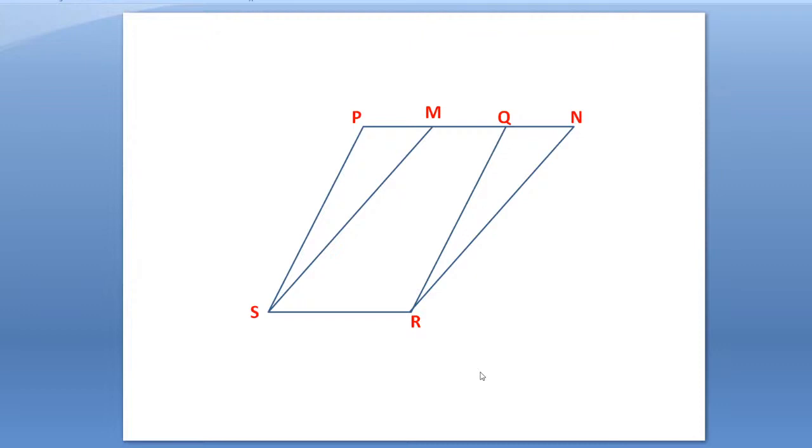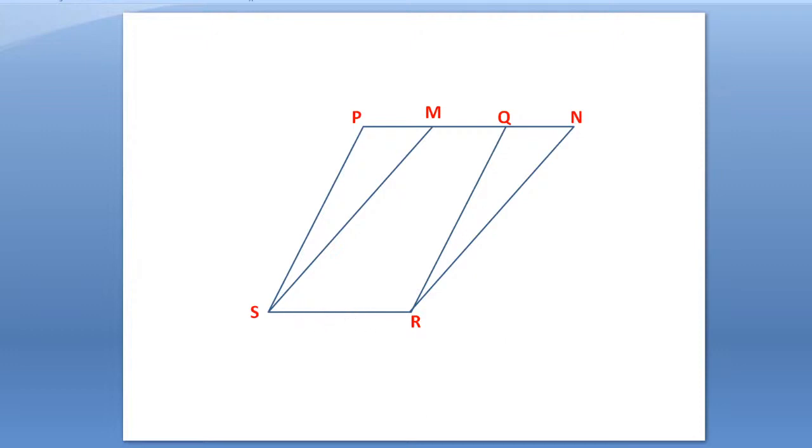The vertices P, Q and M, N lie on the same line PN, and this line PN is parallel to the same base SR.